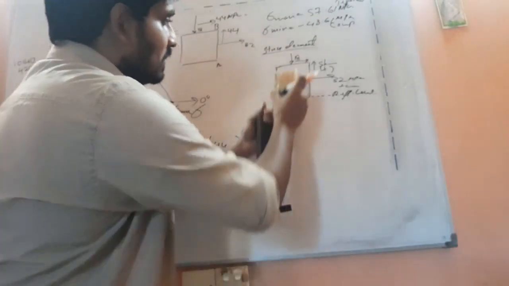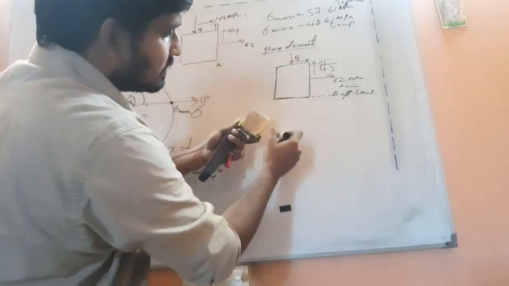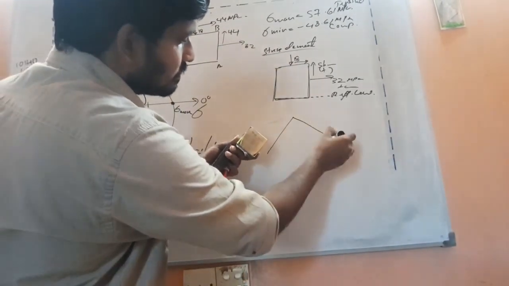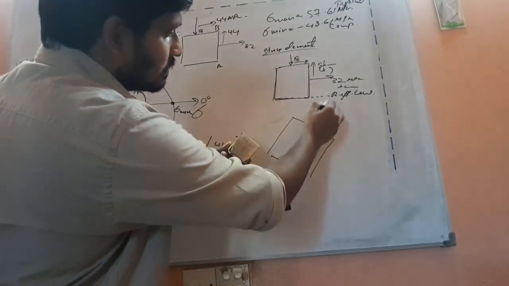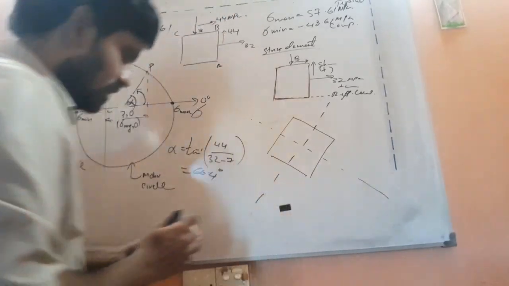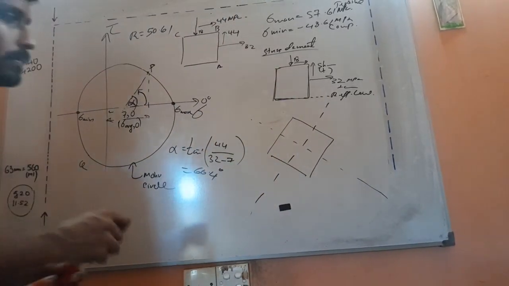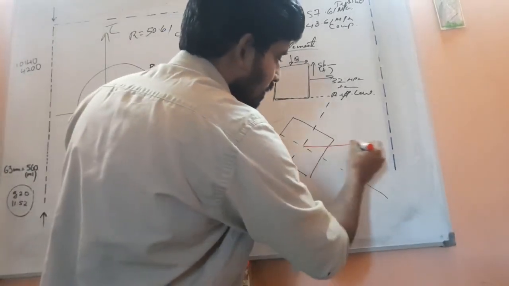So if you rotate this element by alpha degrees downwards, it will come like this. Guys, now what is this angle? Alpha.